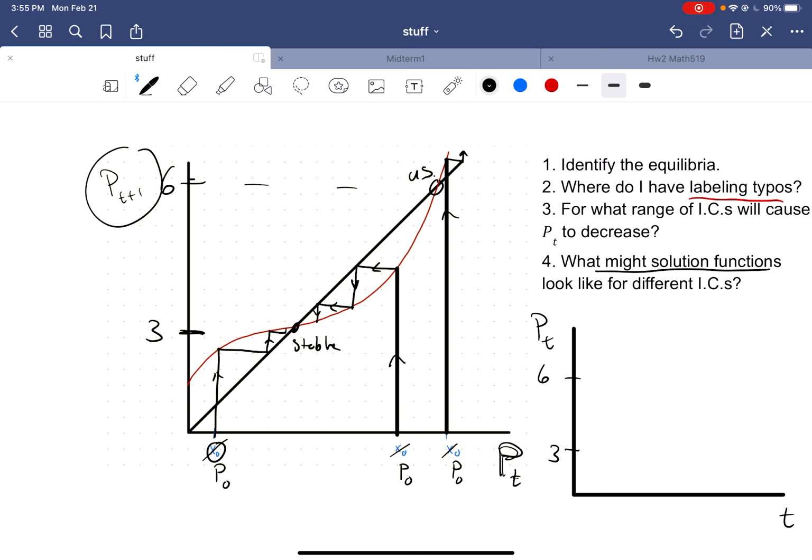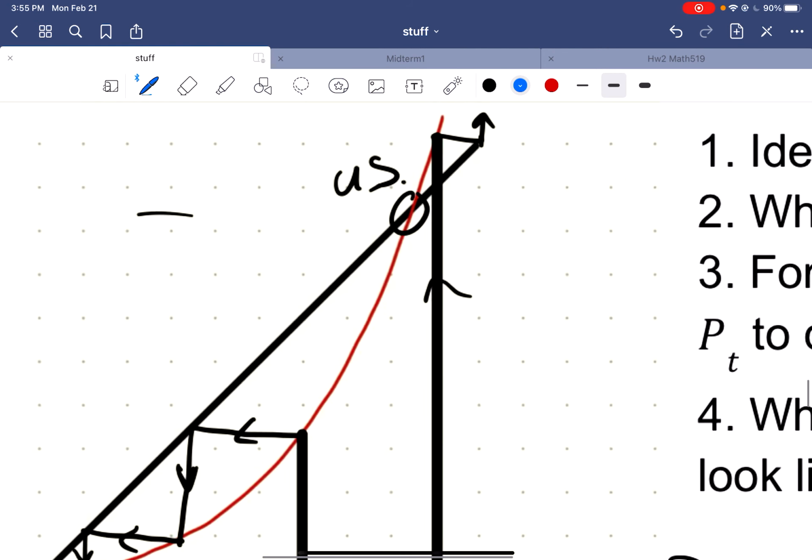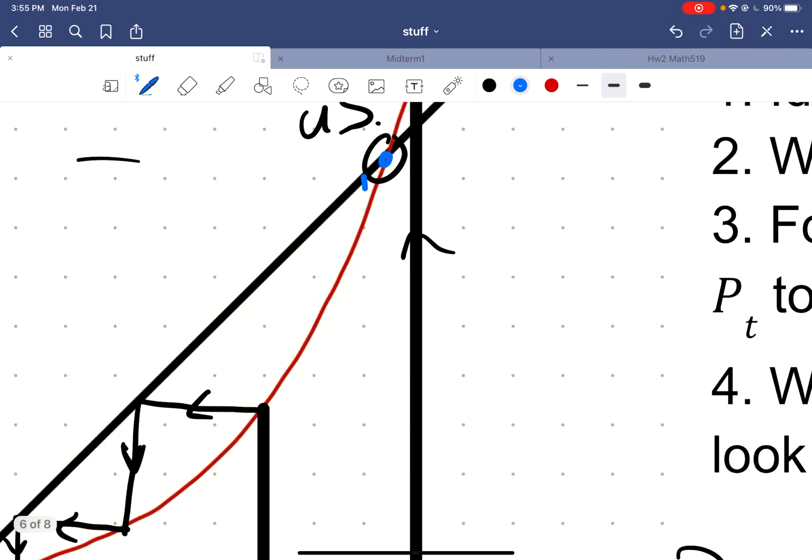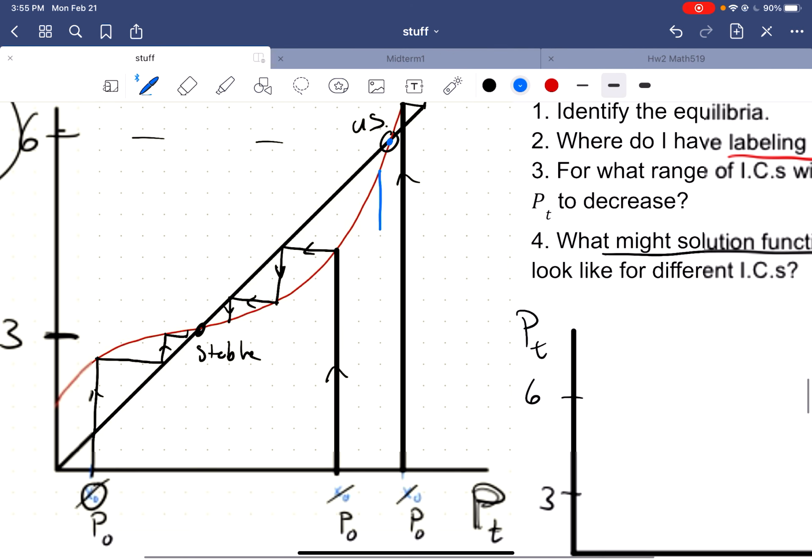So what would happen, no matter how close I start to this equilibrium spot, for example, these dotted lines are pretty close. Maybe my initial condition, let me zoom out a bit, maybe where I start my path is right here. Maybe this is P0.